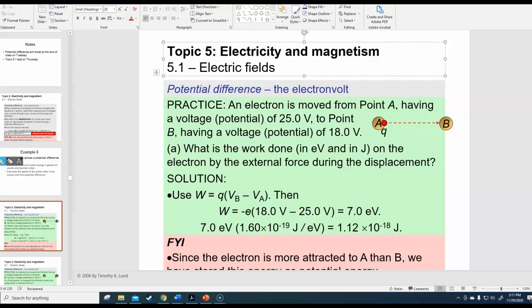Okay, it's going to fight that. Okay, so in other words, the electron is not going to be attracted to point B because it has a lower potential. Okay, so in order to get it from A to B, we actually have to force it from A to B, aka we have to do a positive amount of work.